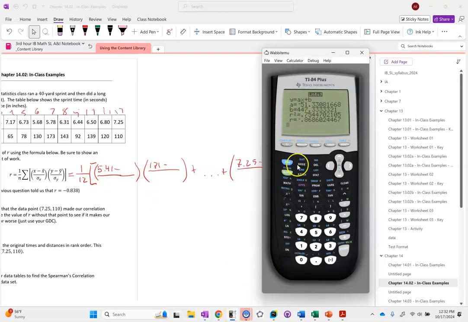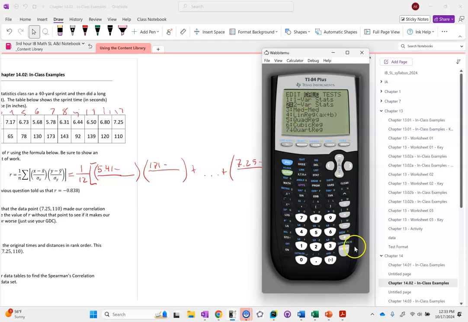All right, to get those values from my calculator, well, I have to remember I just took out that last data point, so I'm going to go put him back. Stupid slow jumper. All right. Now I'm going to get the mean and standard deviation for the x's and the y's. To do that, I'm going to go stat, calc.